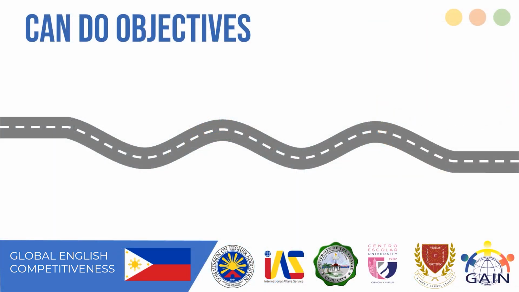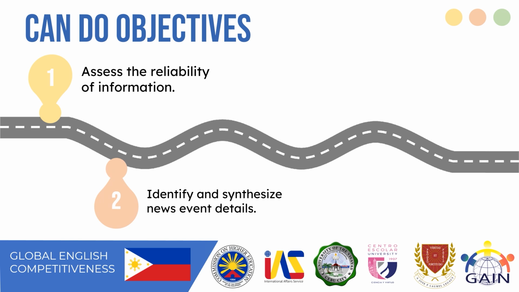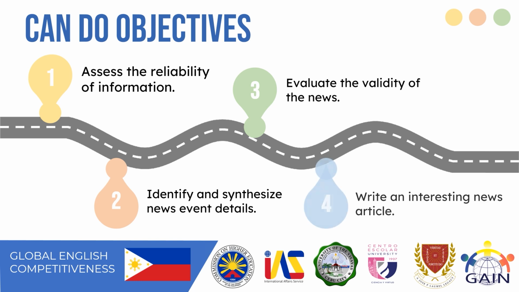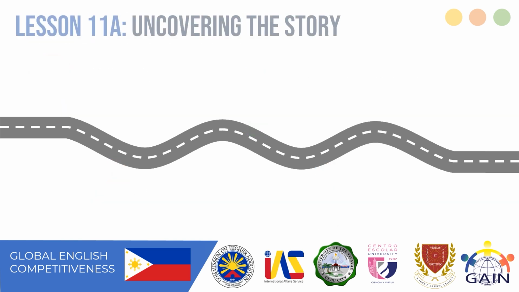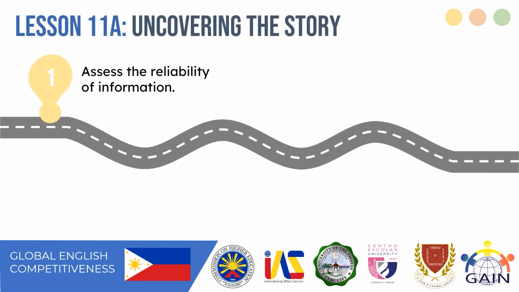To recap, we have 4 can-do objectives in this unit, and these are to assess the reliability of information, to identify and synthesize news event details, to evaluate the validity of news, and lastly, to write an interesting news article. As you can remember, we have already covered our first can-do objective, where you assess the reliability of information.